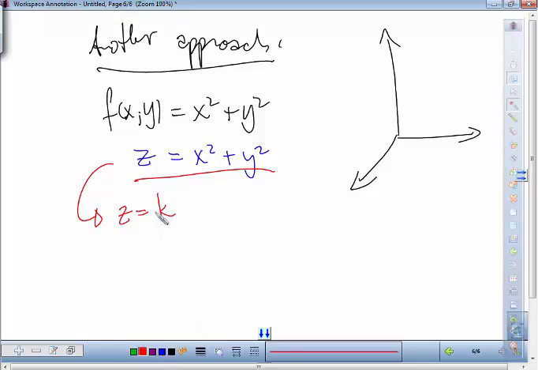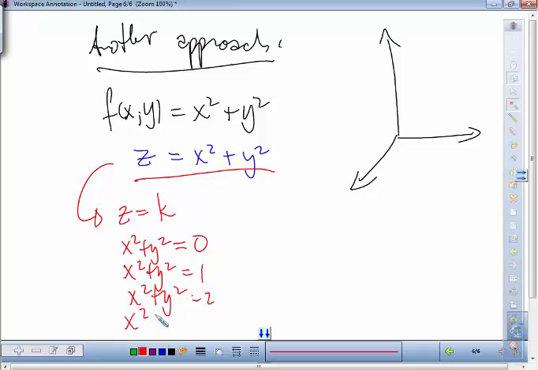When you let z equal some constants, we'll try 0, 1, 2, 3 and see what happens. We're going to let x squared plus y squared equal z. And let me just put a whole bunch of them here.